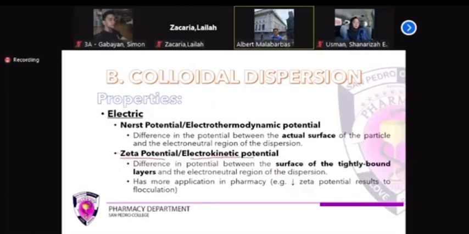Ang zeta potential in application to pharmacy is that kapag mababa daw ang zeta potential for a colloid, it results to flocculation, which is an example of instability. So dapat taas ang zeta para siya maging stable ang colloid.